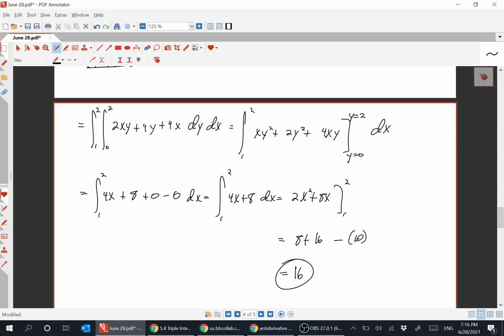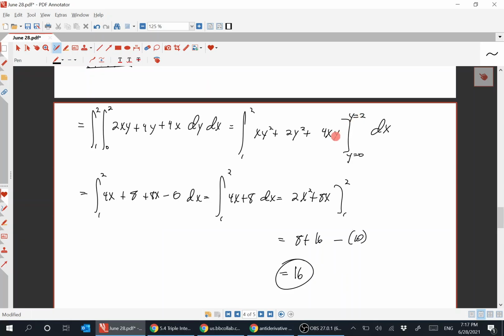Why did I? Would it not be, we have 4x plus 8 plus 0? Shouldn't that 0 be 8x? Because the 4xy, when you plug 2 into y, you would get 8x. So you plug in 2 here. 4x. Oh, yeah, 8x. Right, I was putting the 0 there.